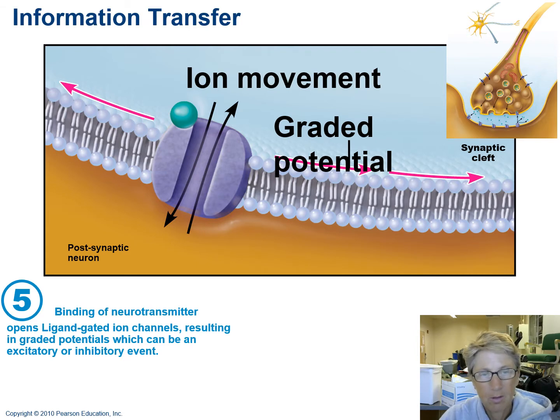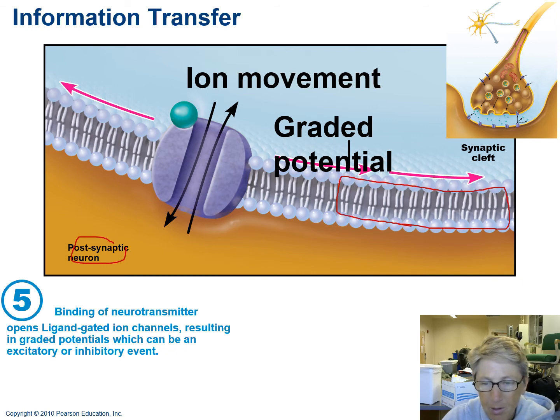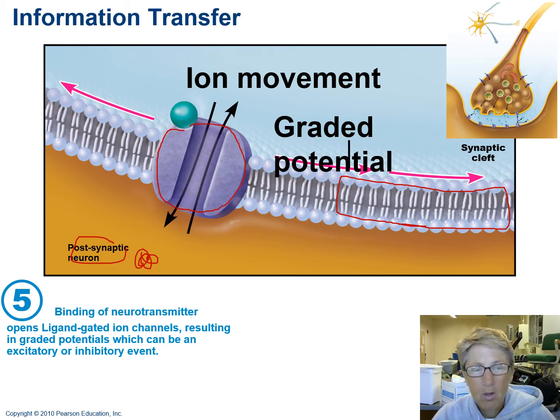This just shows cartoons a little more up close. Here's the postsynaptic neuron. And this would be the plasma membrane, actually, of the postsynaptic neuron. This would be the cytoplasm of the postsynaptic neuron. This purple thing would be the ligand-gated channel. The green thing would be the neurotransmitter.